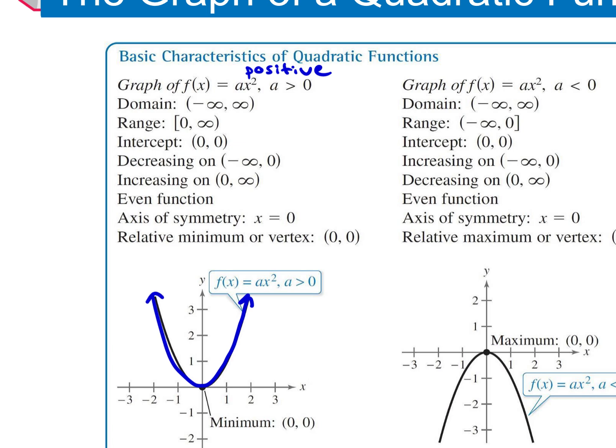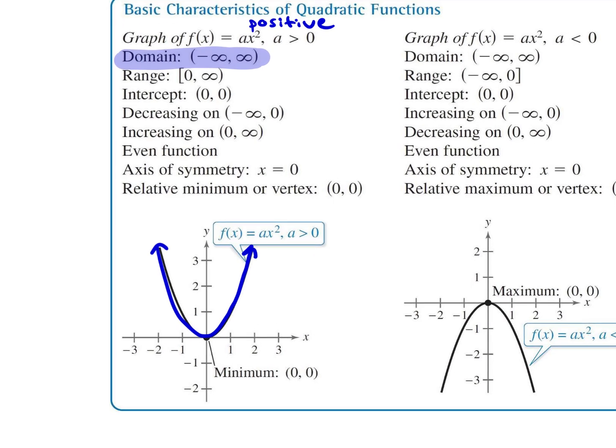The domain of our parabola is all real numbers, or from negative infinity to positive infinity. And then also when our parabola opens up, the vertex is at the minimum. So it's at the lowest point, which we have a minimum here.